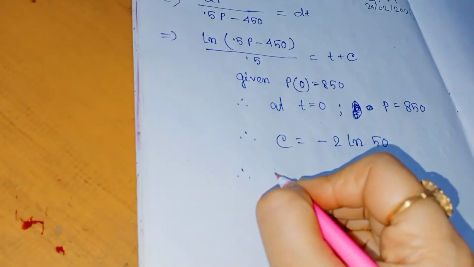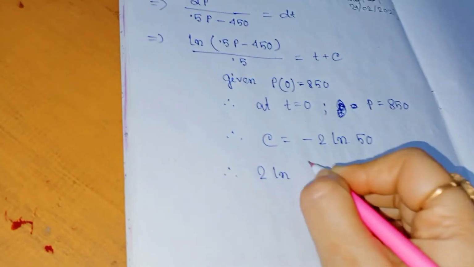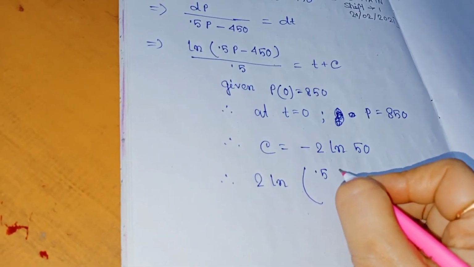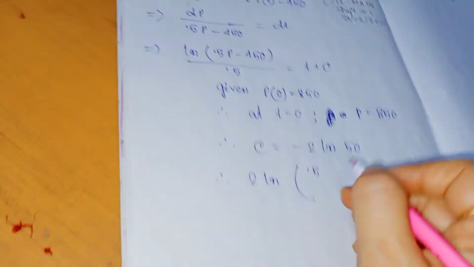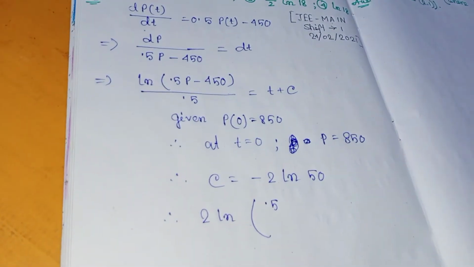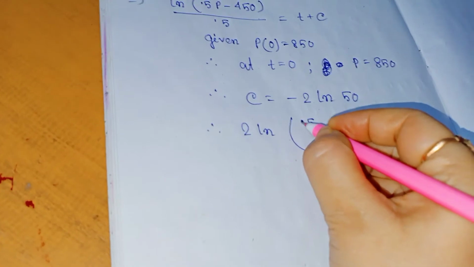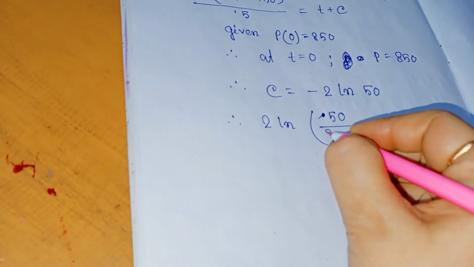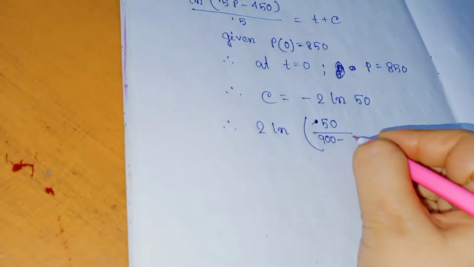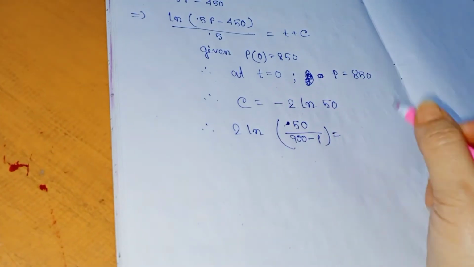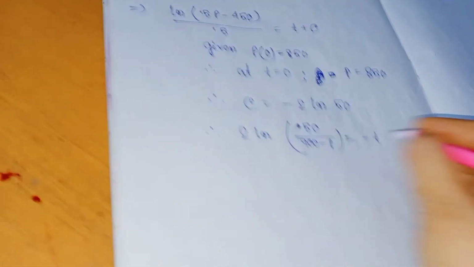Therefore 2 ln(0.5 P minus 450), when we simplify it, is 50 divided by (900 minus P), that is equal to, when we put the value of c, minus t.